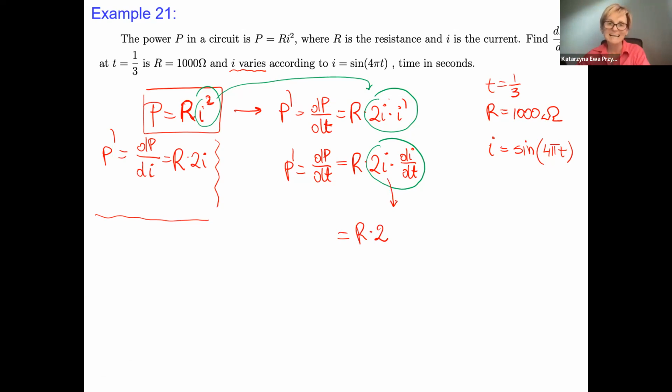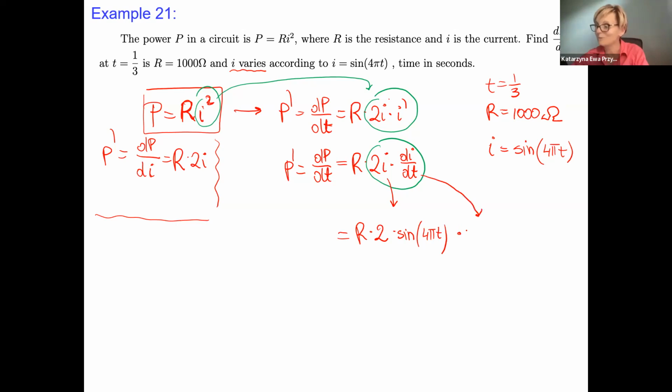Please tell me, how is I defined? Can you tell me? Because it's not like the previous one. I is defined as a sine, yes, thank you, Elliot, for typing, 4 pi t.